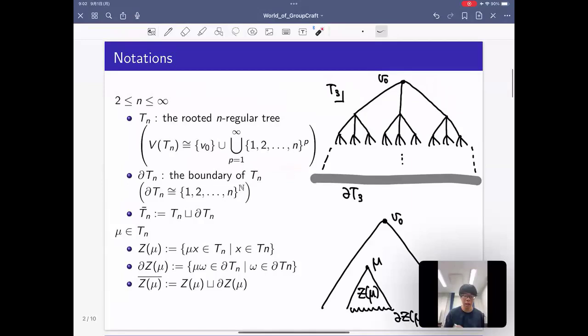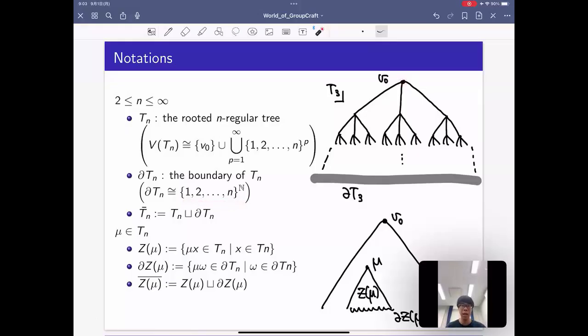And ∂Tn denotes the boundary of the tree. I mean, this is the set of all infinite paths in the tree starting from the root. So this space can be identified with the infinite words on n letters.